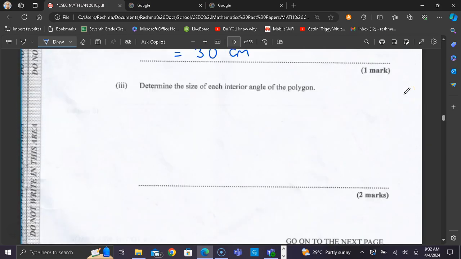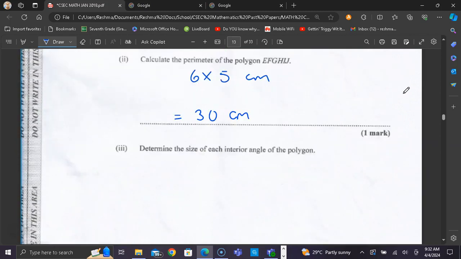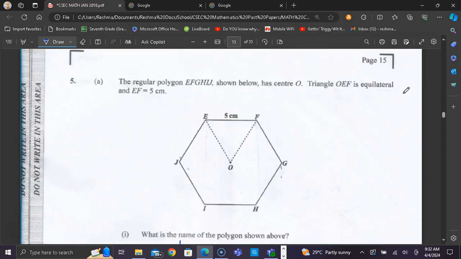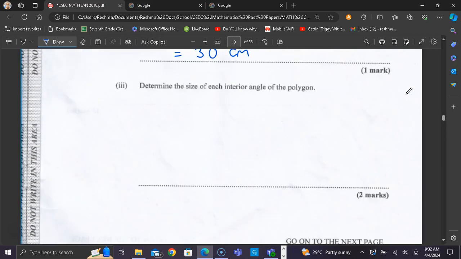So let's go on to part 3, which says determine the size of each interior angle of the polygon for 2 marks. Now the interior angle of the polygon would be each of these angles here at the vertices. There is a particular formula that is used to find the sum of the interior angles in any polygon.